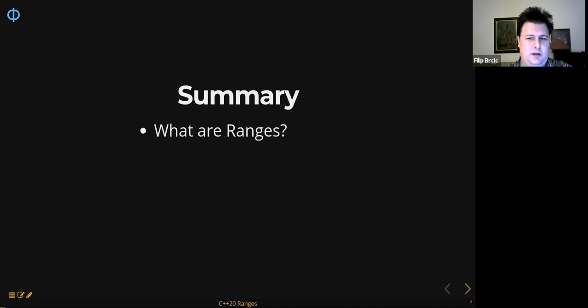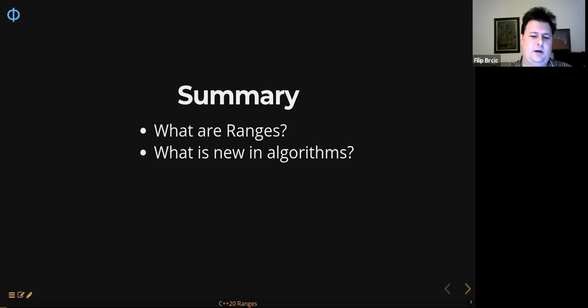Basically, what the ranges are and how they work and so on. What are the changes with the algorithms, which are also kind of part of ranges and mostly not re-implementations. Those are wrappers around old algorithms with new features.